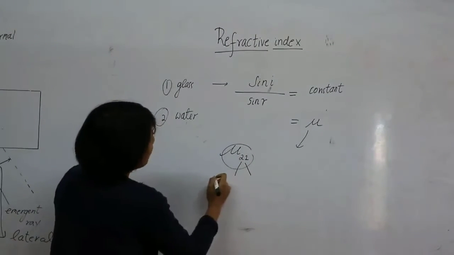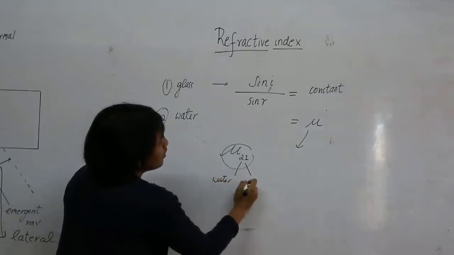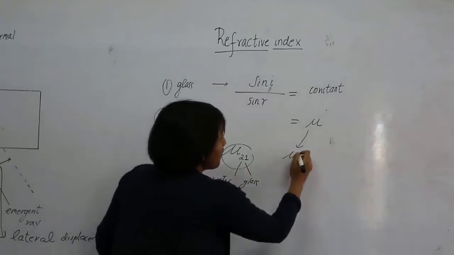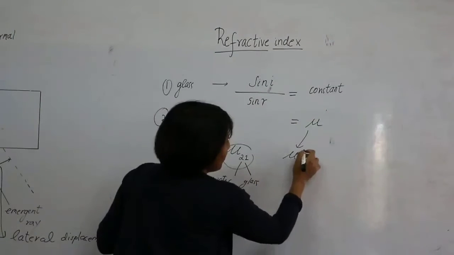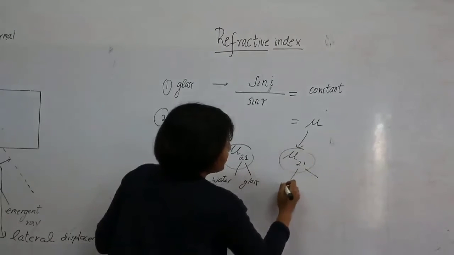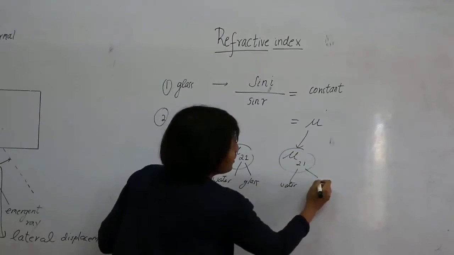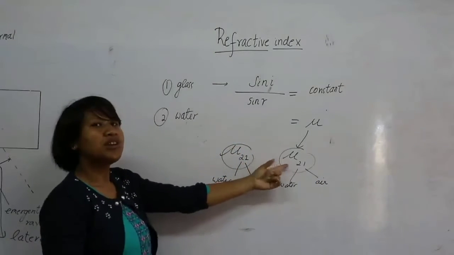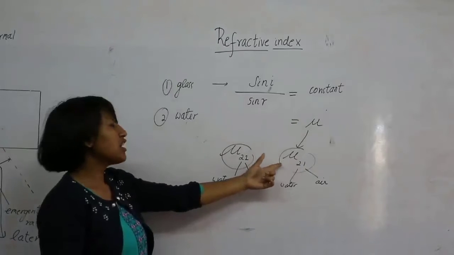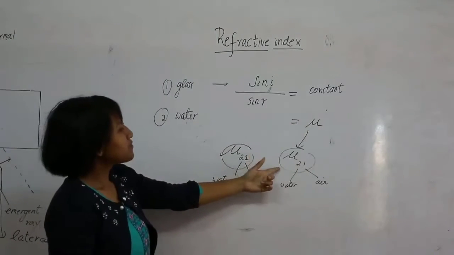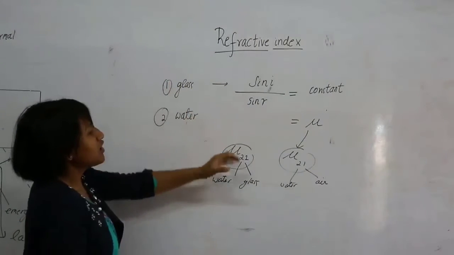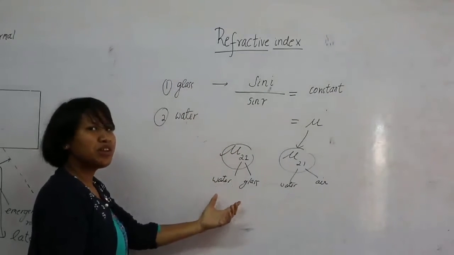This is for water in comparison to glass. However, if I take water as the second medium and air as the first medium, the value also will be different. So for different media, the refractive index also will be different.